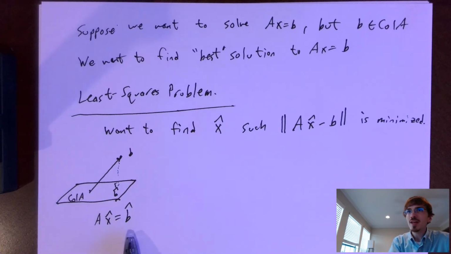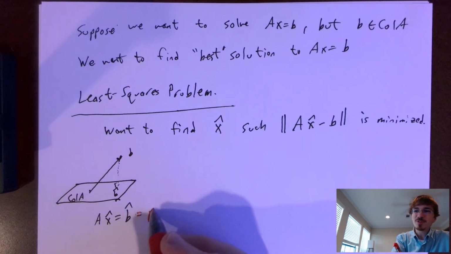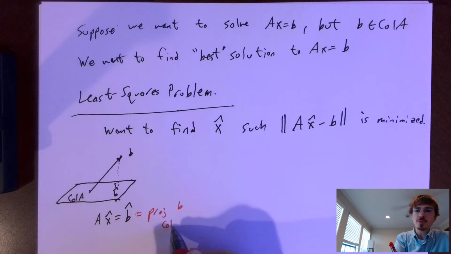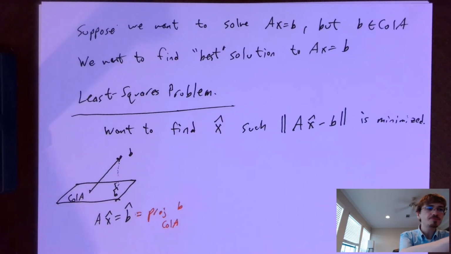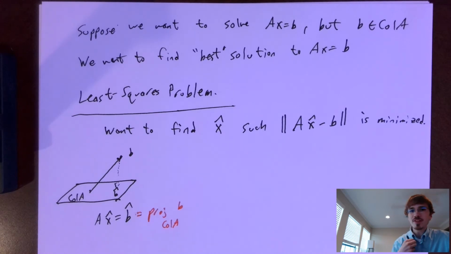And what will b hat be? It's going to be the projection of the vector b onto the column space of A. And because this must live in the column space of A, we therefore know that there must be a solution to A x hat = b hat. But what does this mean for us? How can we make this something that's usable?